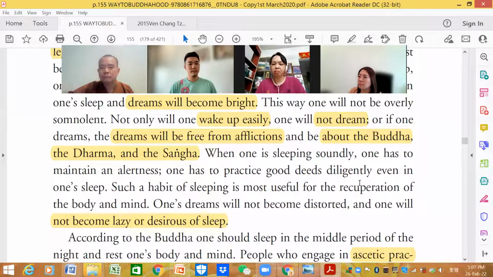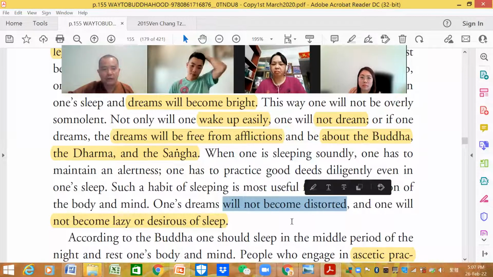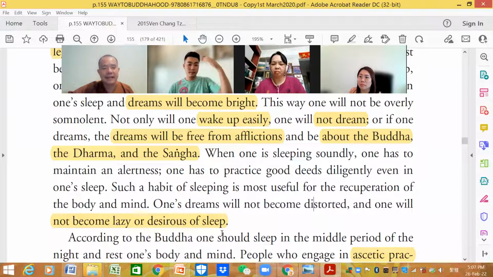Then again, you see, our mind will not be distorted and will not become lazy and desirous of sleep. Anybody, once you wake up, immediately you don't have the desire, or you are desirous to sleep? Anybody like that? You wake up, you don't want to sleep anymore. Okay, Sally. Okay, one person. Anyone, once you wake up, you still want to lie on the bed?